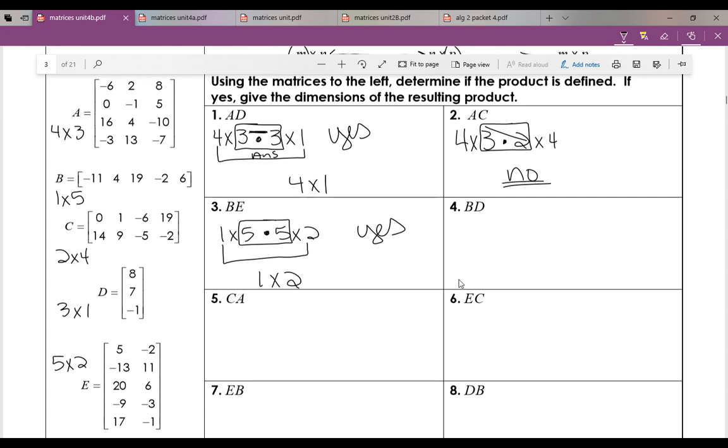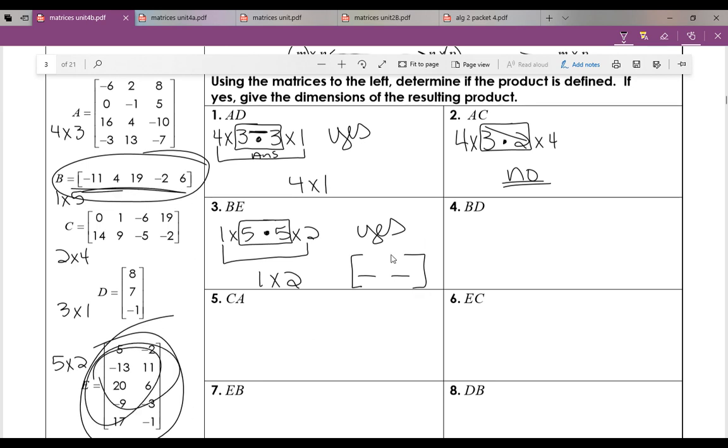That means one row with two numbers in it. So I'm going from all these numbers to just two numbers. Crazy, isn't it? Your answer is one row, two numbers. That's it.